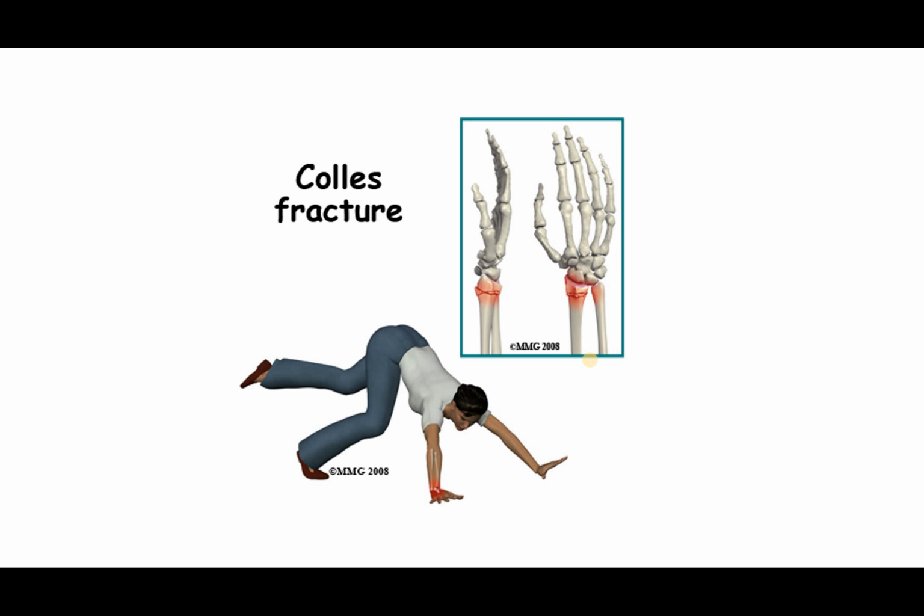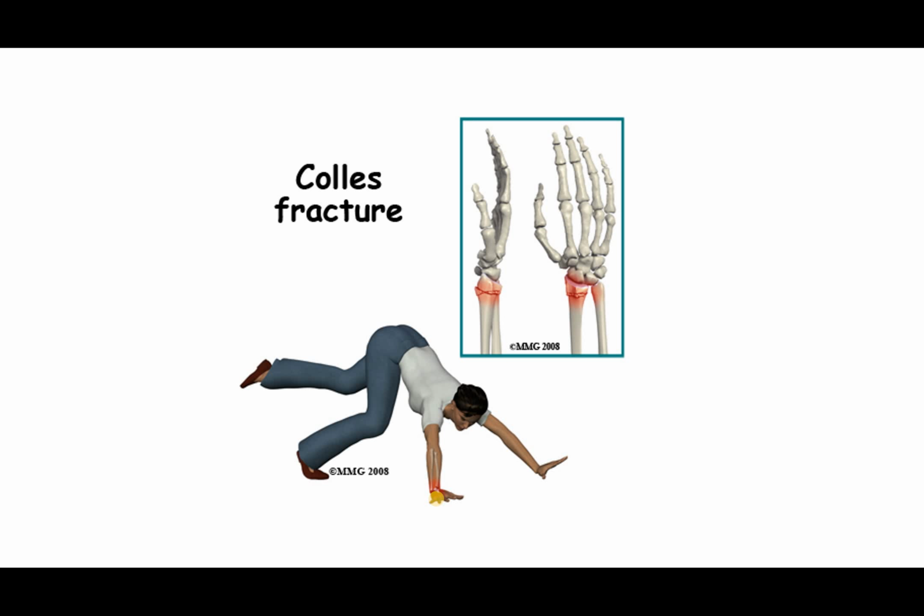Okay, a Colles fracture is where you break the distal radius, and it can be ulna as well, but in this case we're showing distal radius. So you fall with an outstretched hand and arm. Very common when we fall instinctively, we just reach out to brace our fall, and you risk breaking some wrist bones or your forearm.